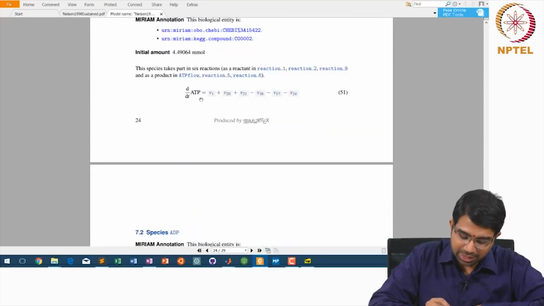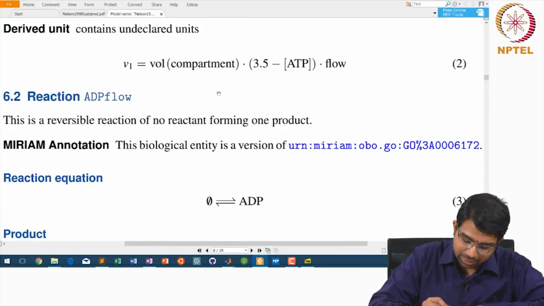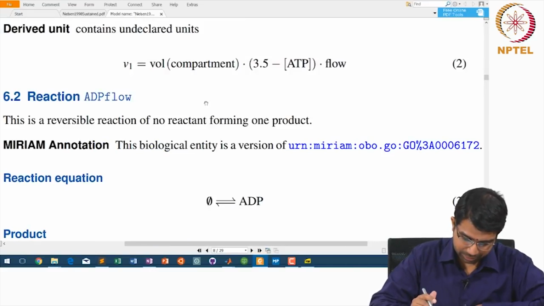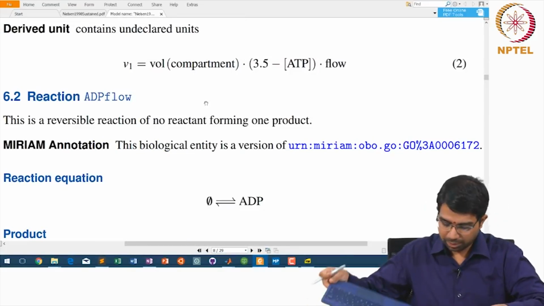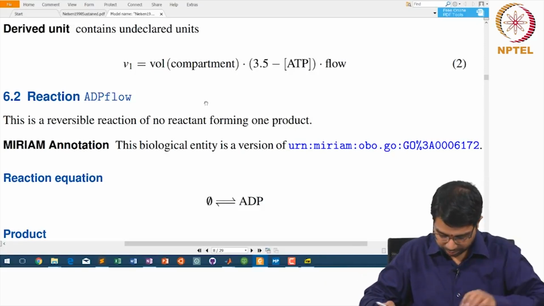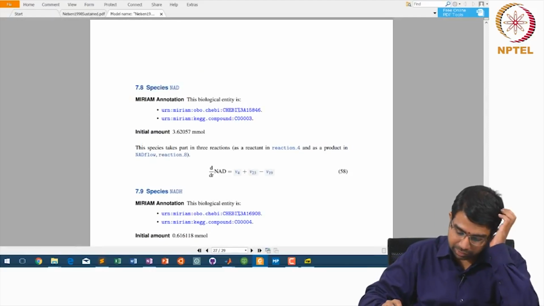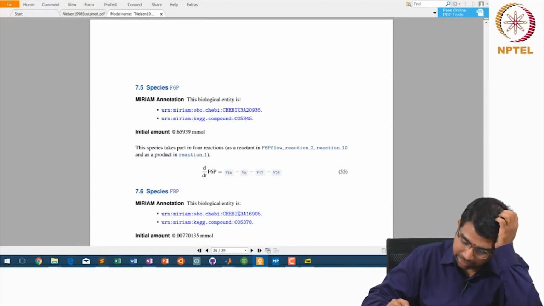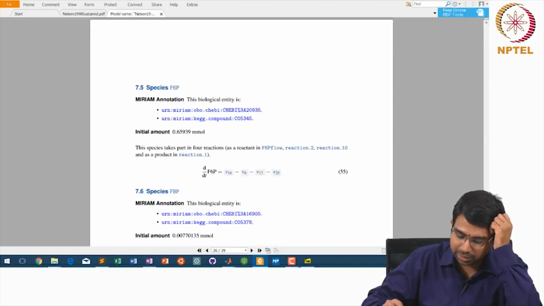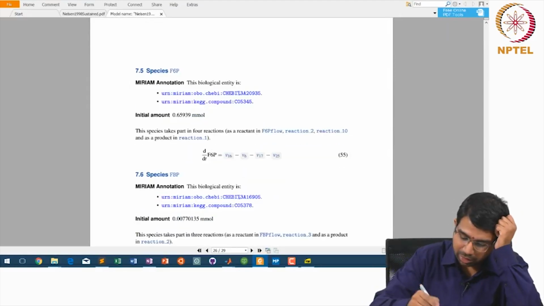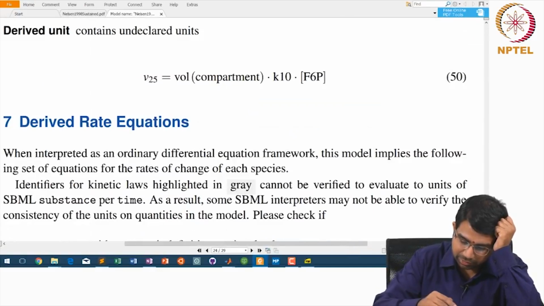Very nice. dATP by dt is V1, that is also hyperlinked by the way, you can just click it and go to V1. So dNAD by dt is V4 plus V23 minus V19, dF6P by dt is V16 minus V6 minus V17 minus V25, and so on, and all these have been defined previously. What is V25? It is here.